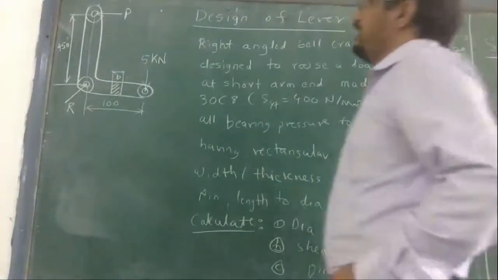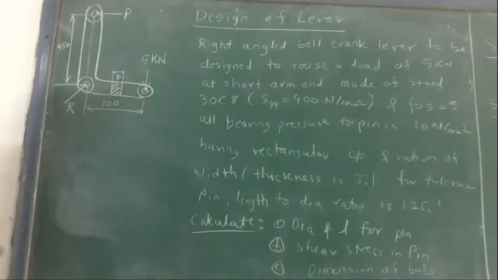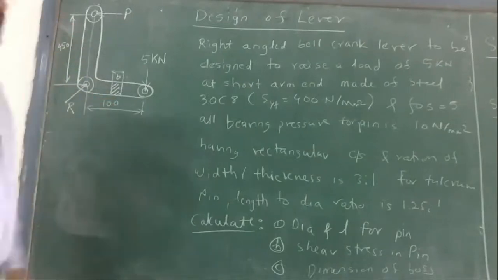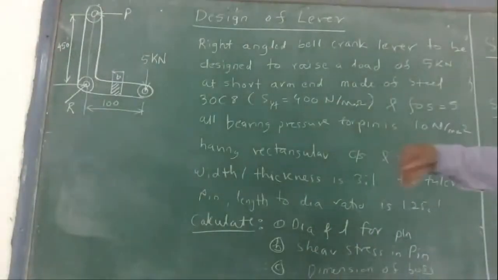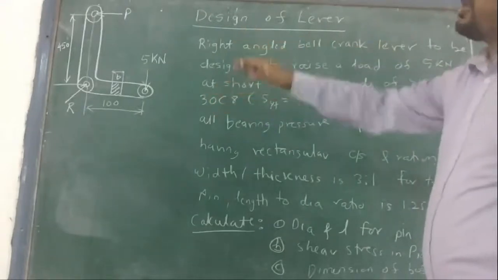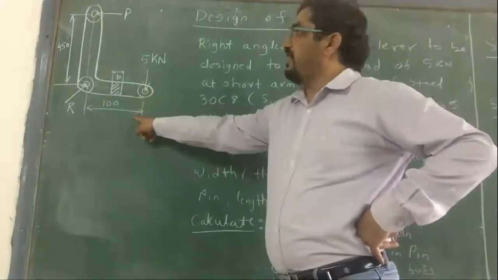Now it is given that this is the load arm and this is the effort arm. The effort arm has to be less and the load arm has to be more, to have mechanical advantage. If you see this example, the ratio, or mechanical advantage, we are getting is 450 by 100.